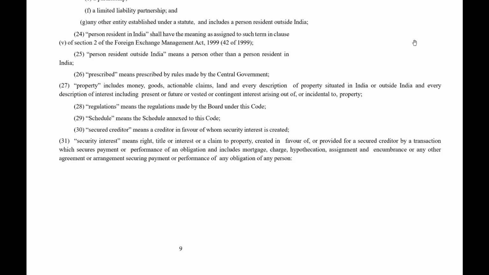So I may incur a loss. So what is the guarantee? Now you say that, okay, I give you, say, a charge against my properties. So that is creation of security interest. By creating the security interest, you have secured the performance of an obligation.